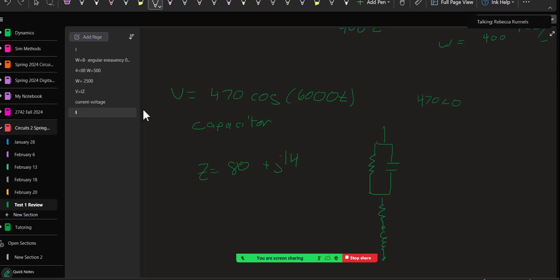And did we compute the impedance of these two in parallel when we did problem 2? That was on the other computer.